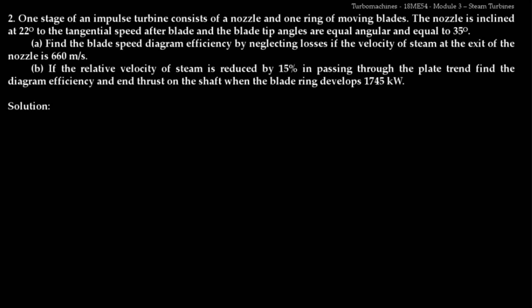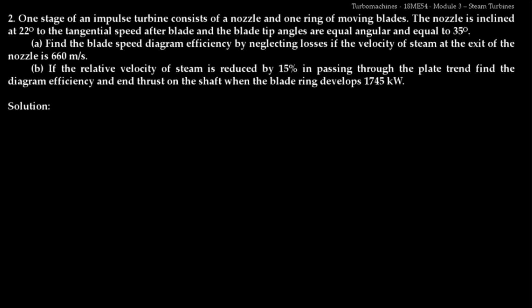Now let us solve the second problem. The problem states that one stage of an impulse turbine consists of a nozzle and one ring of moving blades. The nozzle is inclined at 22 degrees to the tangential speed of the blade, and the blade tip angles are equiangular and equal to 35 degrees.